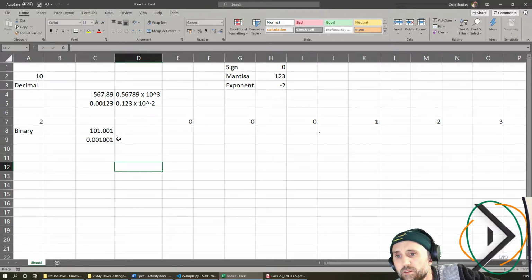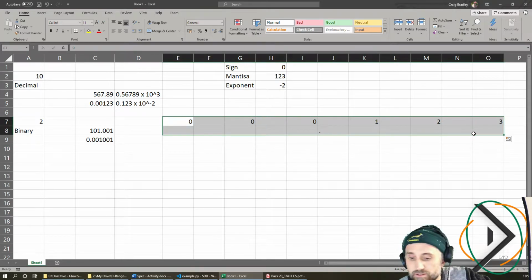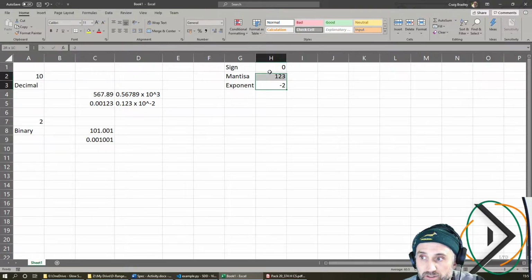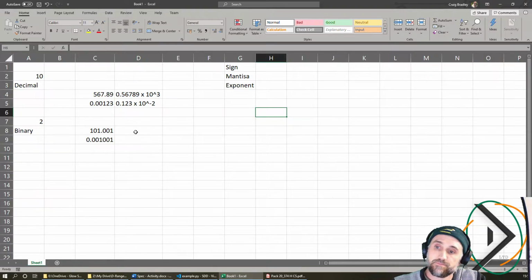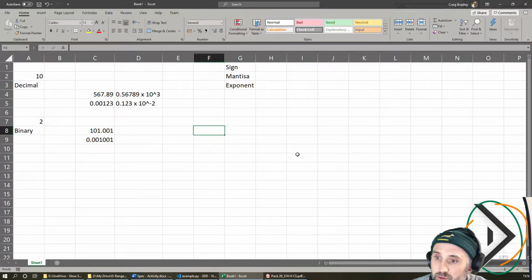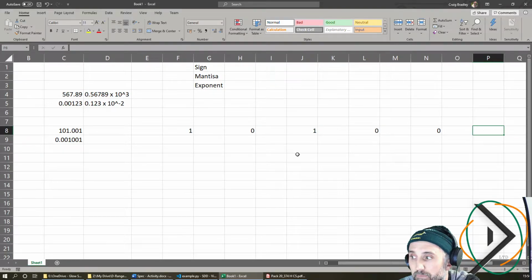So now, how do we deal with this in binary? It's the same concept. The only difference is that our exponents and our sign are all stored in binary, which means that my exponent uses what's called 2's complement. We'll go through that during the process as well. My first number is 101001. So we have 1, 0, 1, 0, 0, 1.